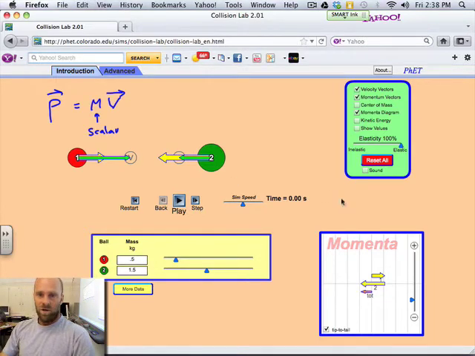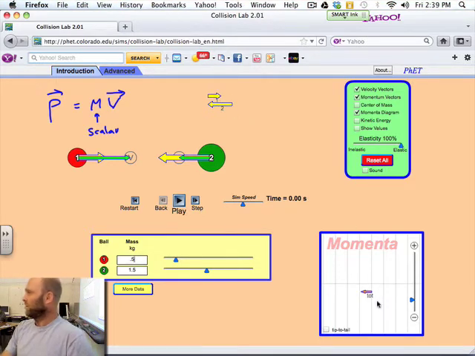Now, this question is only for those people who didn't watch the video. Those that watched the video, please answer the question in your head. You already know it. If I add these two momentums, this is before the collision, I have to follow the rules of adding vectors.